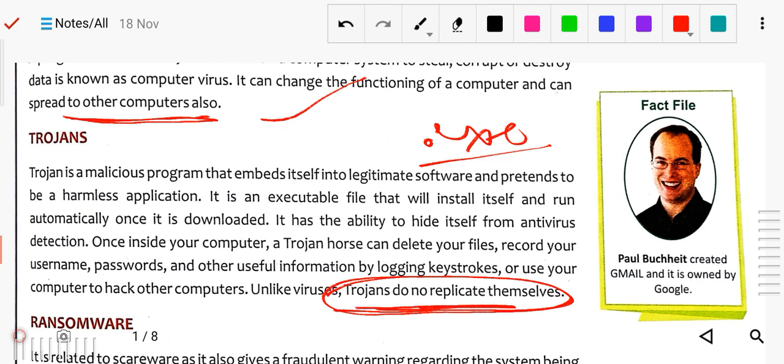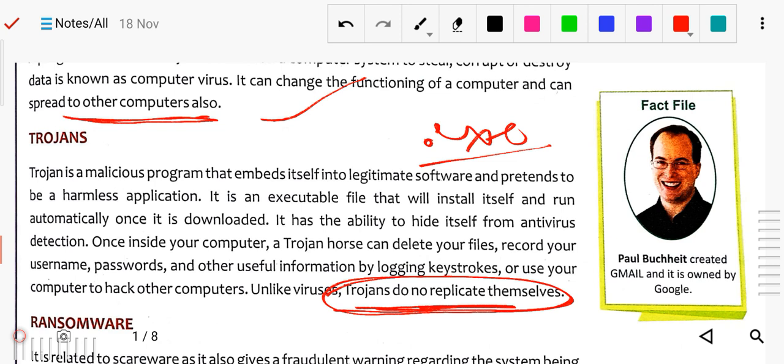But then what is the use of a Trojan? A Trojan behaves like, I am useful for you, I am harmless, but it will download some executable program, a .exe file, and that will be installed in your computer and try to detect sensitive information in your computer, and send it to others or destroy it.